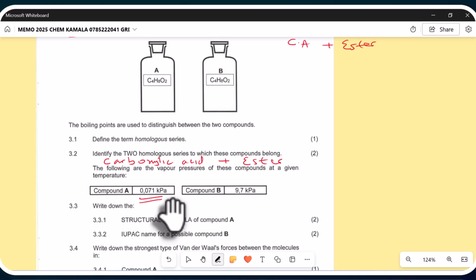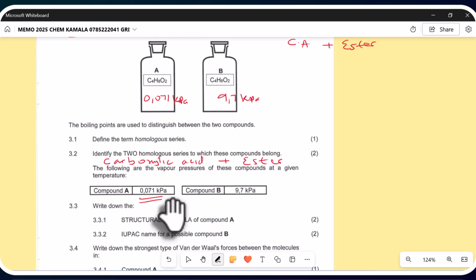Now, out of the carboxylic acid and the ester, carboxylic acids have a higher boiling point, so this must be the carboxylic acid for compound A, and this must be the ester. But then the question wants the structural formula.